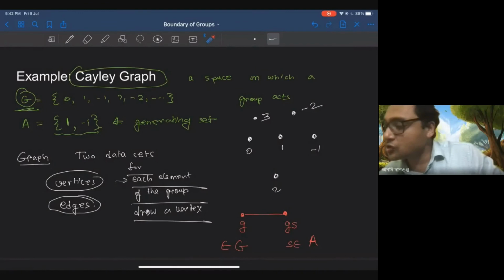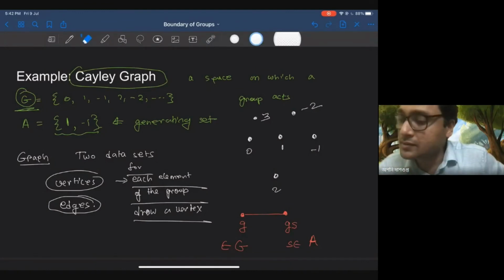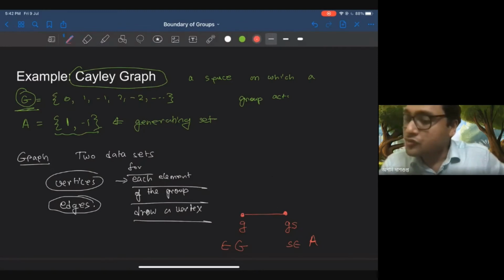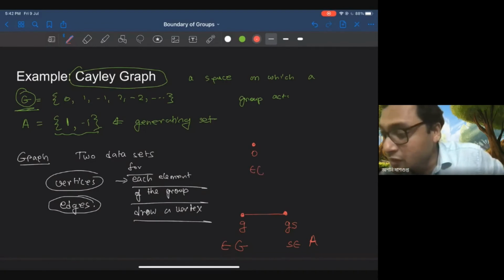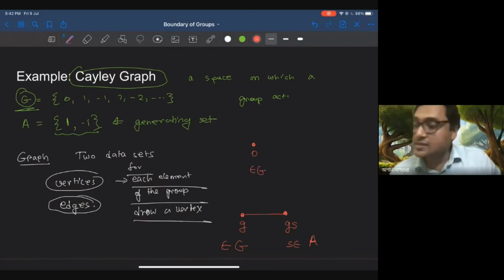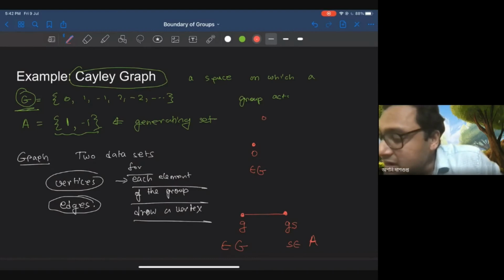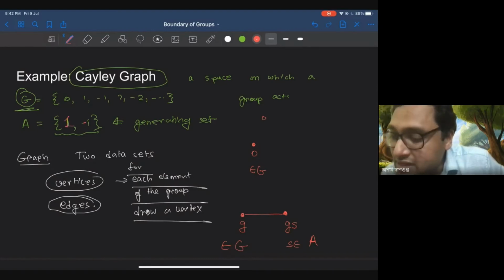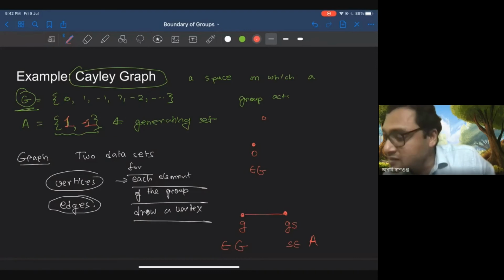So let me show it to you. It's quite simple. If I draw the point 0, that is an element of the group. Now with 0, this 1 is a generator, -1 is a generator. So from 0, I can compose with one of the generators 1, and I can compose with another generator -1.